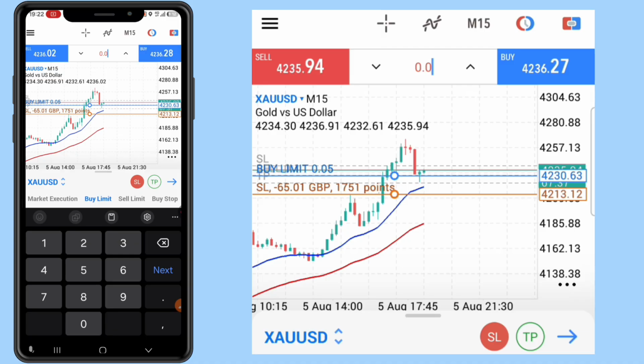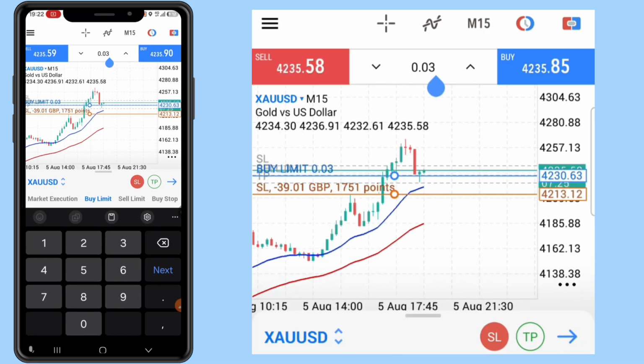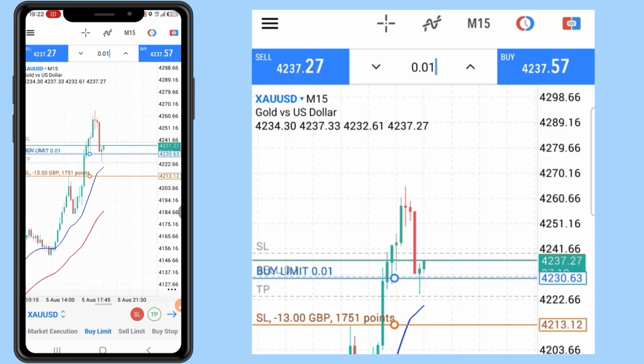Let me try 0.03, and then we see what our stop loss is. $39. That is still too risky. Okay, so if you're trading gold, because this is the smallest lot size, I prefer that you actually have at least $100 if you are trading gold. You get that? I think I've given you the answer that you want.